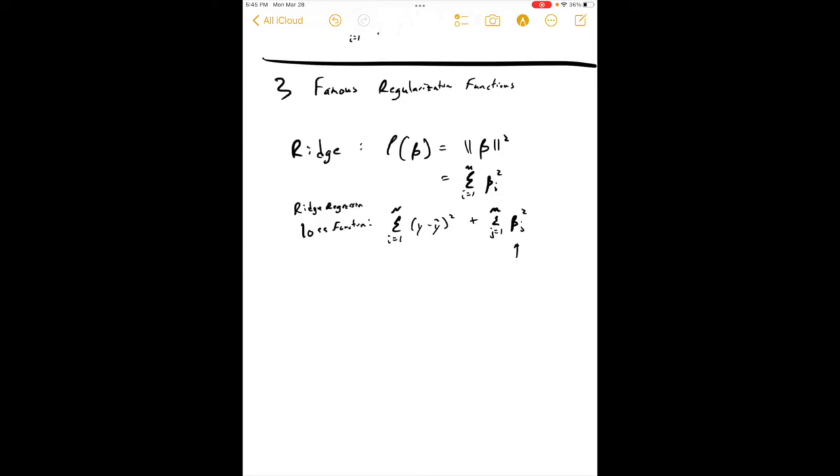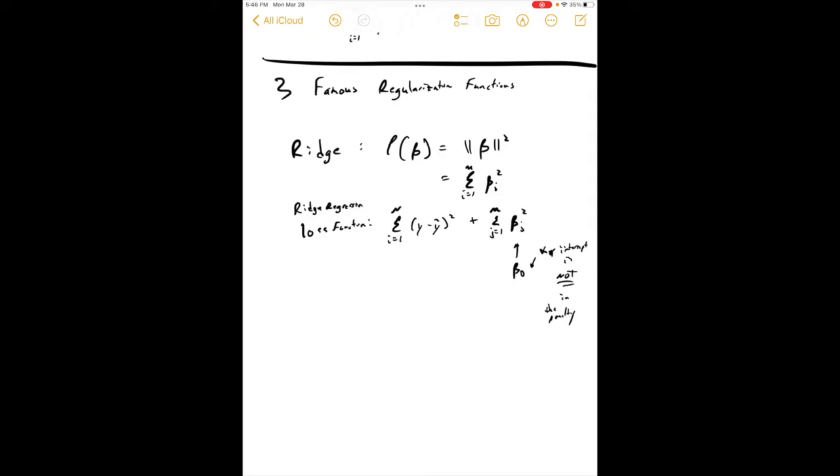Now it's important that beta naught, or alpha, or the intercept, is not in the penalty. This allows the penalty to adapt much more easily to the size of your data, whatever your observations are. If your observations are in the thousands, then you need an alpha or intercept in the thousands, so you don't want to keep that one small.